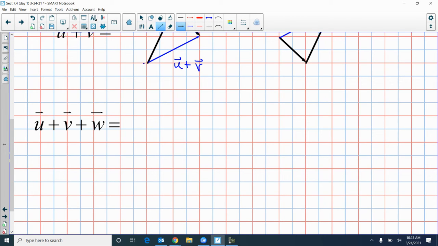And I'm just going to do it from here. So U, up 4 over 2, V, down 2, W, 1, 2, 3, 4. And then connect first to last.